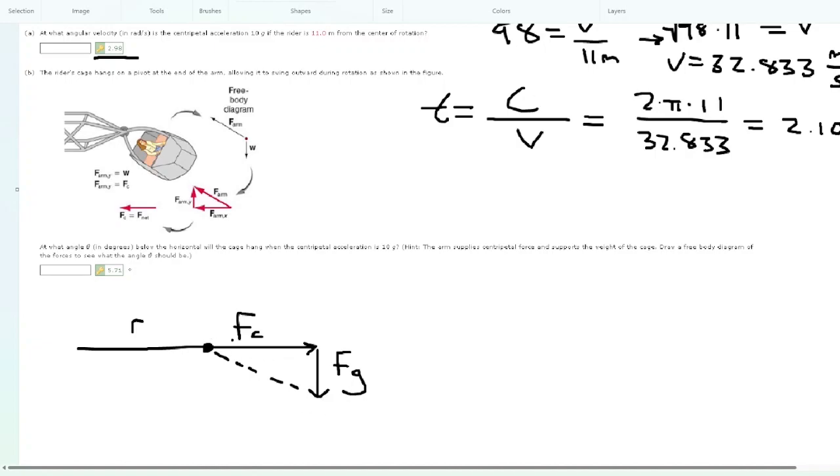And the angle with the horizontal is going to be this angle right here. How did I know it was the angle with the horizontal? Well, when they say angle with the horizontal, this is the horizontal. Any angle, if you have a line that's going this way, it's going to be right here. If you have a line going this way, it's going to be right here.